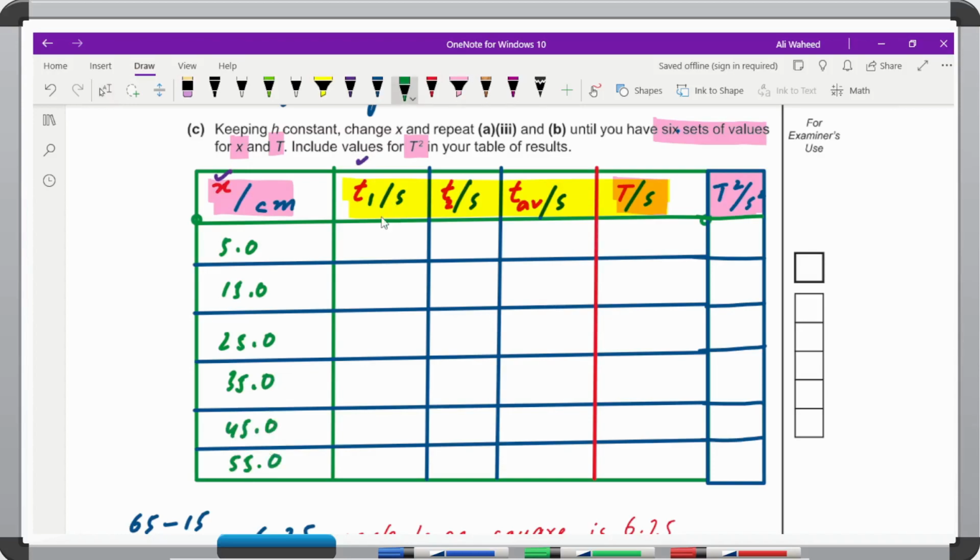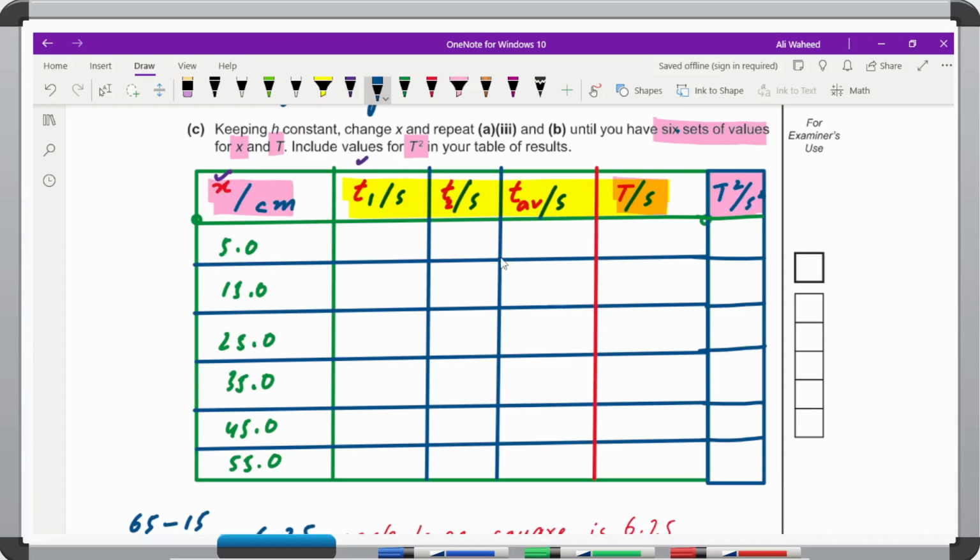So what is the time of oscillation when the distance x was 5? So you measure the value with the help of the stopwatch. You take the reading and you fill it over here.